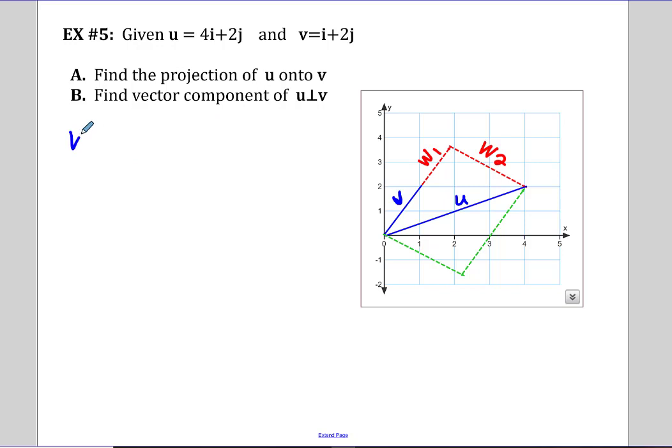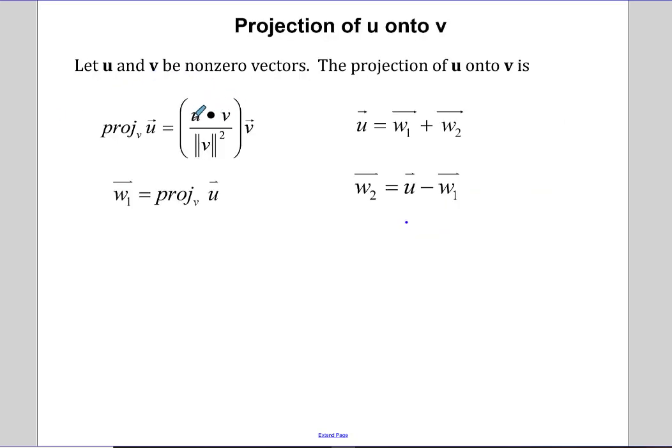And we're going to start off by saying w sub 1 is the projection of u onto v. So that's the dot product of u and v. So we want a dot product 4 times 1 and then 2 times 2. So 4 times 1 plus 2 times 2 gives us that numerator.